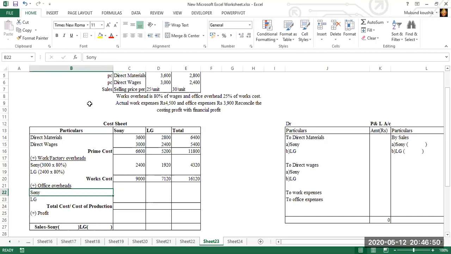Now for Sony it will be how much? For Sony company the works cost is 9000. So 9000 into 25%. Then for LG company the works cost is 7120 into 25%.